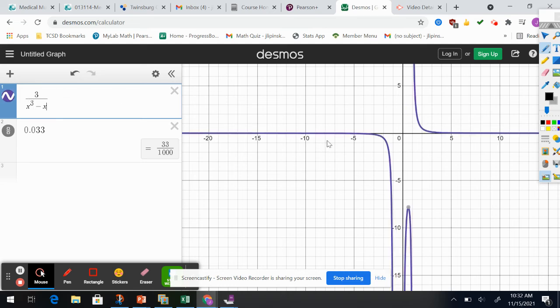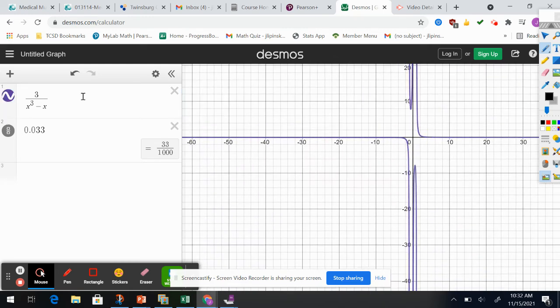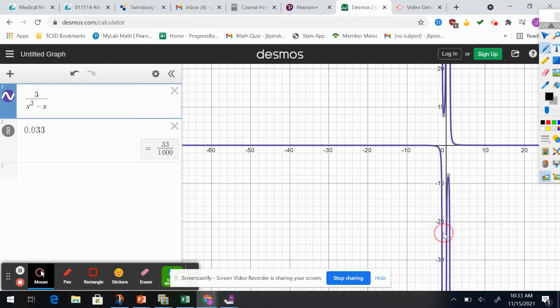All right, so if we take a look at this, it's asking for all of the intercepts, right? Does this have any intercepts at all? There are no x-intercepts. Are there y-intercepts? No. And here's how I know.